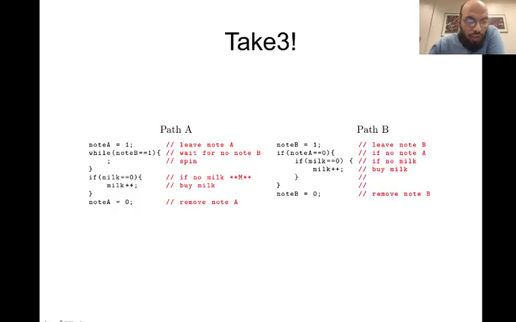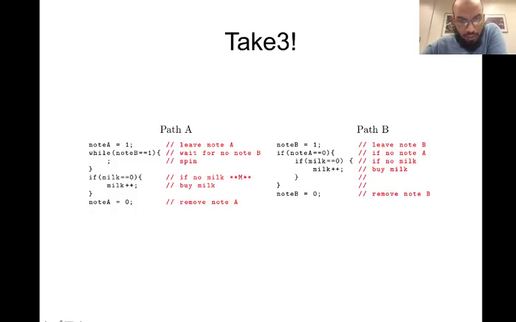So you go back to the left hand side and you find while node B is equal to 1. So now we are going to wait forever until B releases its lock. You just spin, wait.